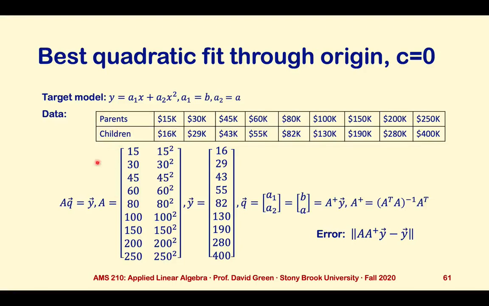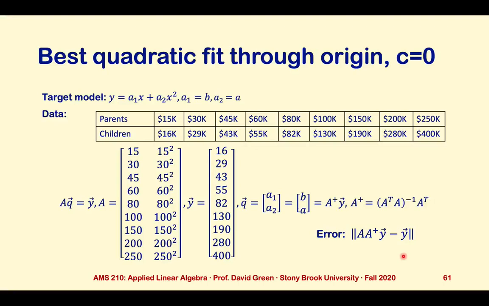We delete the column of all ones which corresponded to that constant term. A column of x, a column of x squared. We can compute a pseudo-inverse from that matrix, use that with our column of y's to get the parameters of our fit, and the error is the same.